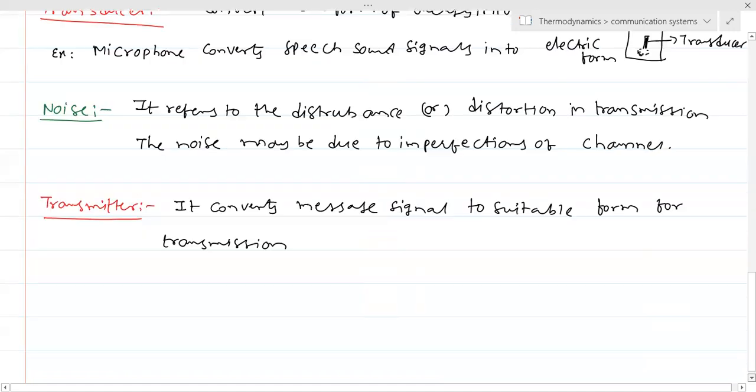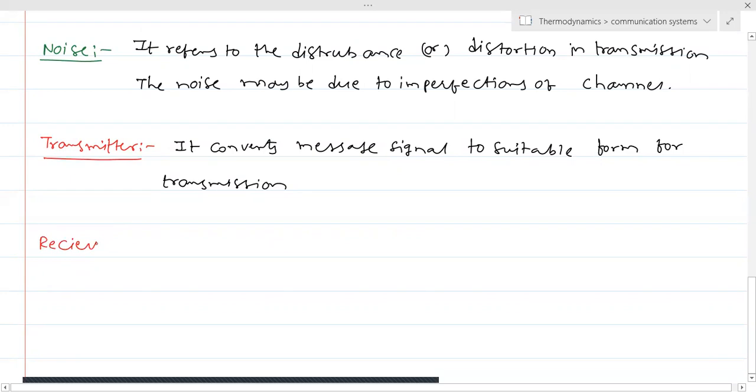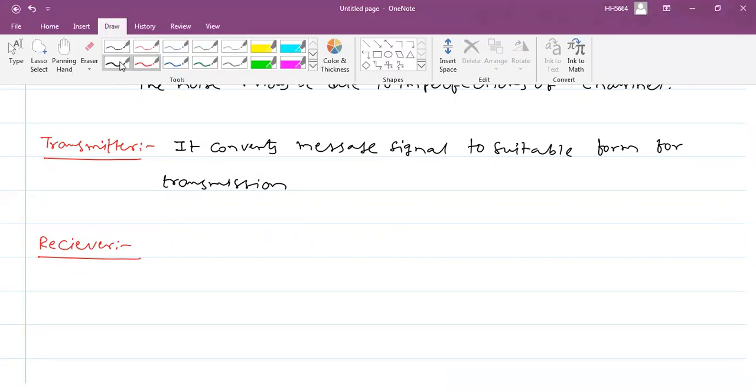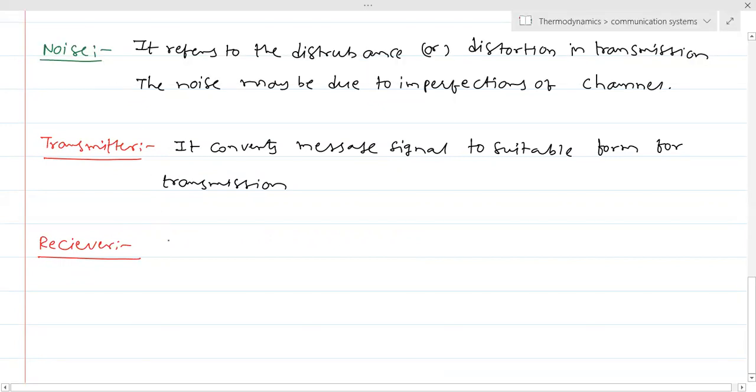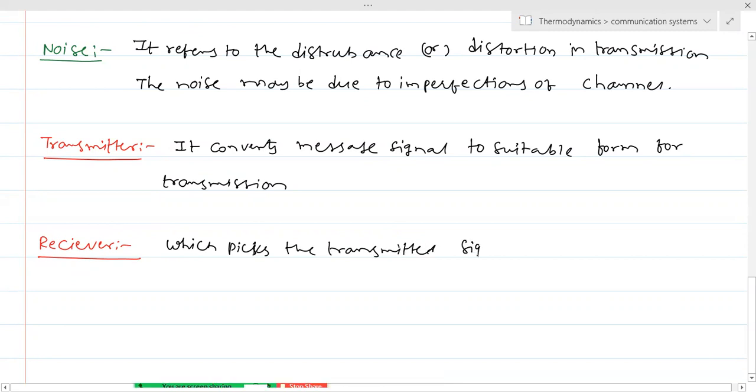After the transmitter, we think of the receiver. Receiver means who receives the signal. It is a device which picks up the transmitted signal at the channel output.